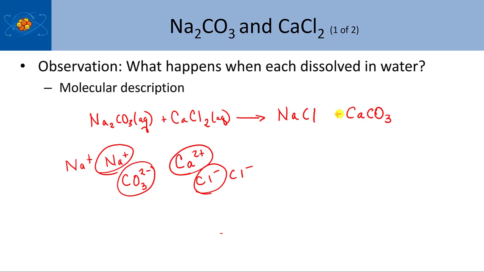Now here's the thing. It was cloudy, so we know that a solid formed in the solution. Now, from your experience of dissolving salt in water, what do you know about salt in water? It's actually aqueous, that it'll dissolve.